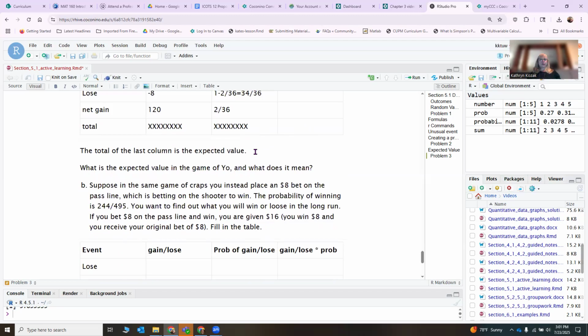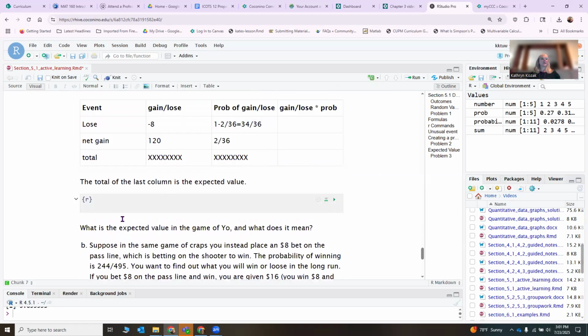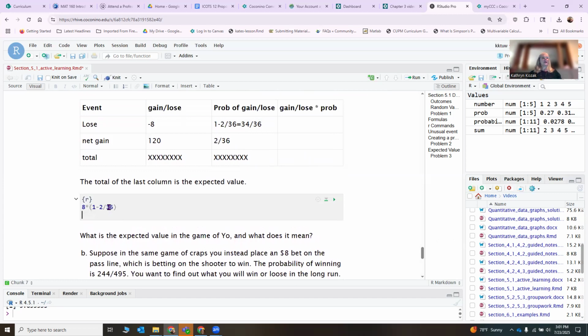Again, I'm going to let R do this for me because I can. So I'm going to insert that, and I can let R do all those calculations for me. So 8 times 1 minus 2 divided by 36. It will calculate that for me. And the other one I want is 120 times 2 out of 36.